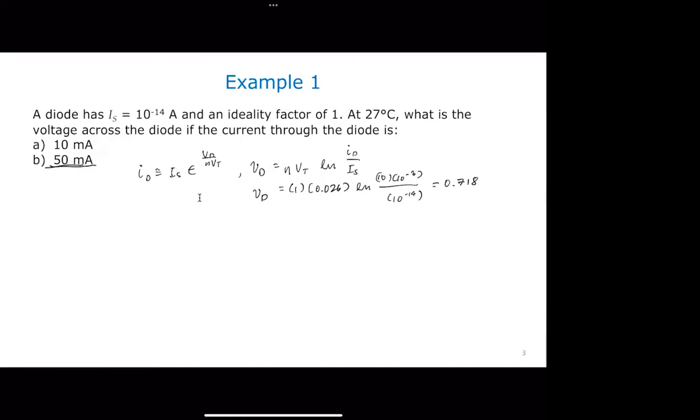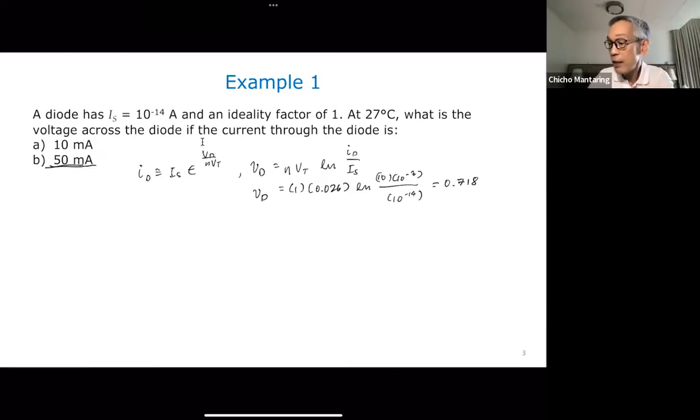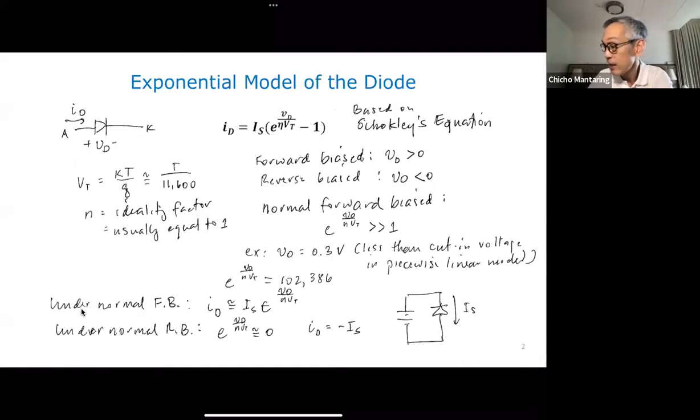Sir, ask ko lang, ba't hindi siya sinubtract sa 1 po? Yeah. Did you miss the first part of what I said earlier? Na under normal circumstances, itong e to the vd over eta vt will be very, very much greater than 1. So nagiging negligible yung 1.